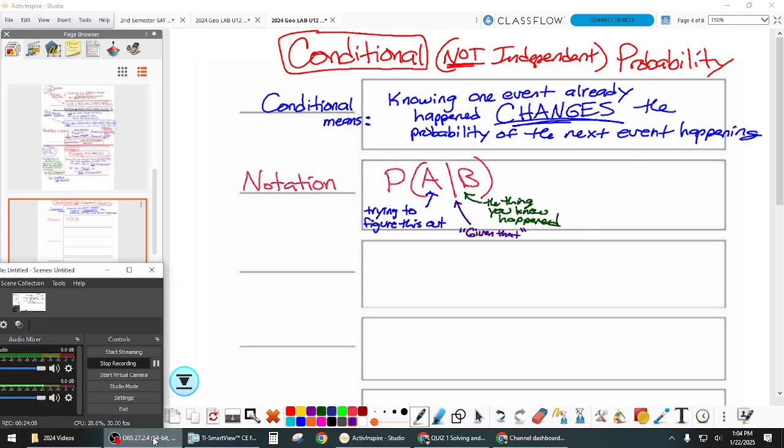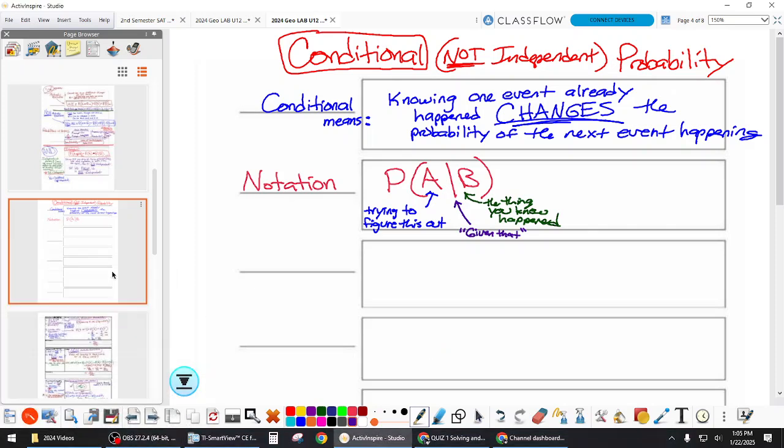Okay, get that down. Here's what I want you to write. So this notation is saying the probability of A given that B already happened.